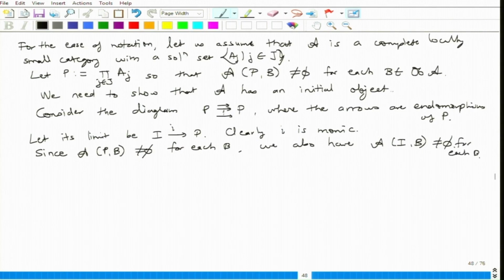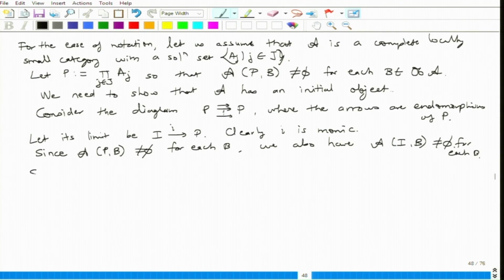Because we can go from I to P via little i and then from P to B. So, out of two properties for an initial object, we have shown one. One is existence and another one is uniqueness. So now we are going to show uniqueness.